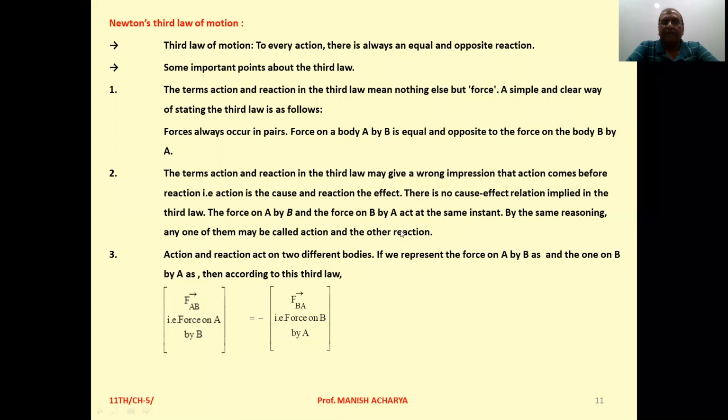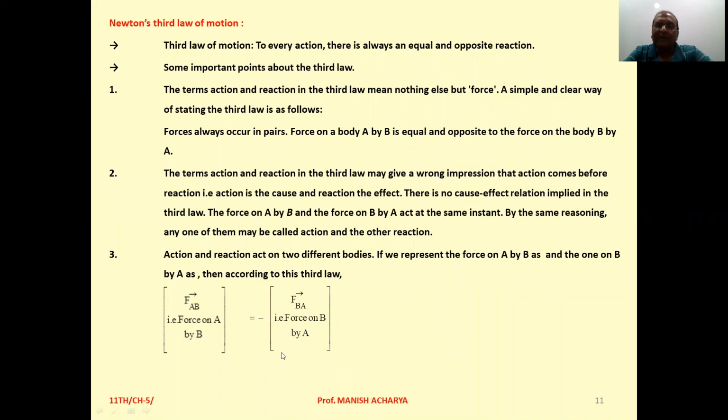Now here, suppose we think about the force on A by B during the interaction between A and B. Then it is written as vector FAB.